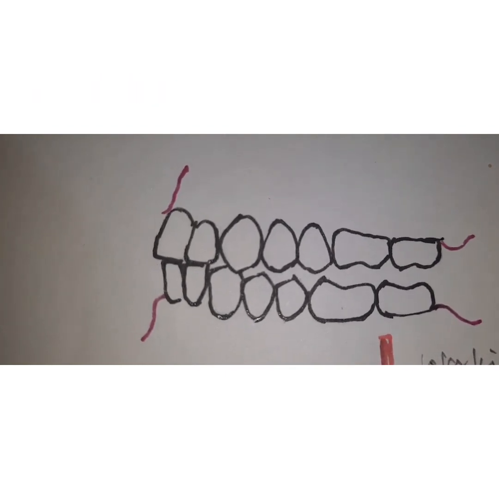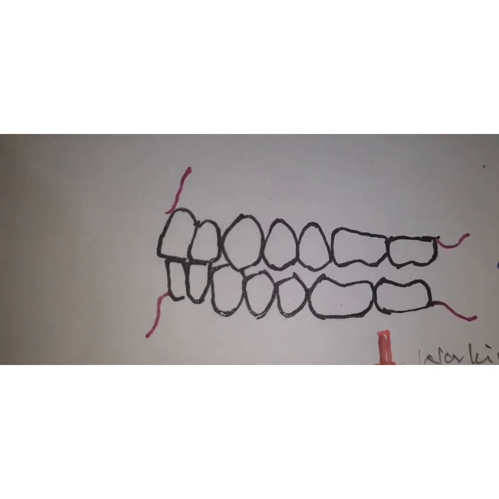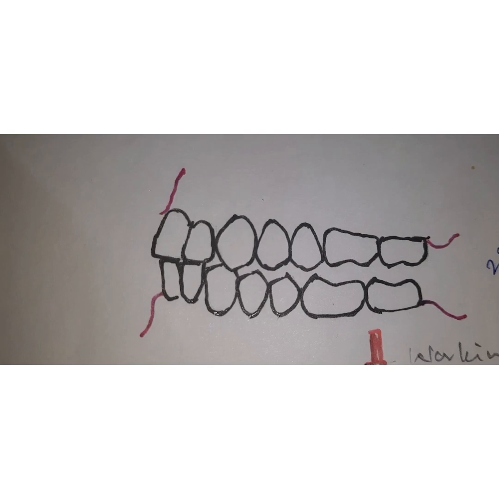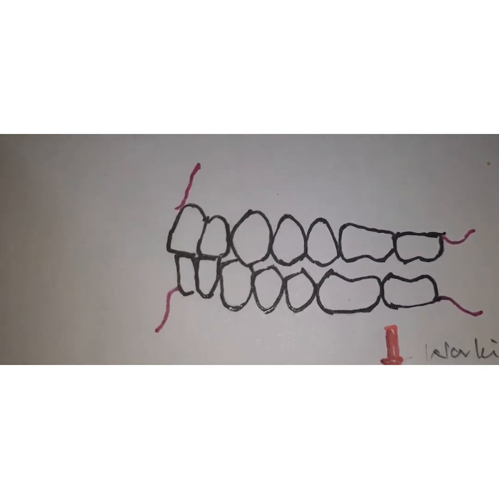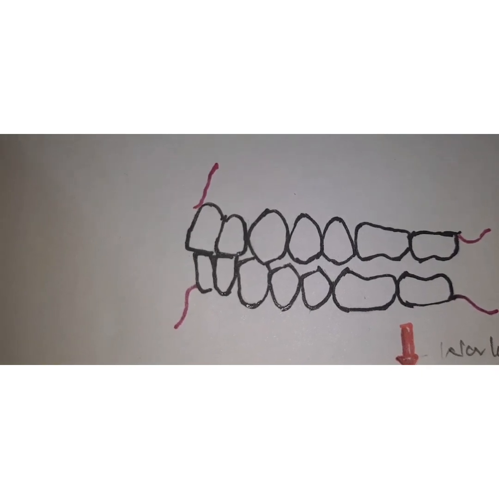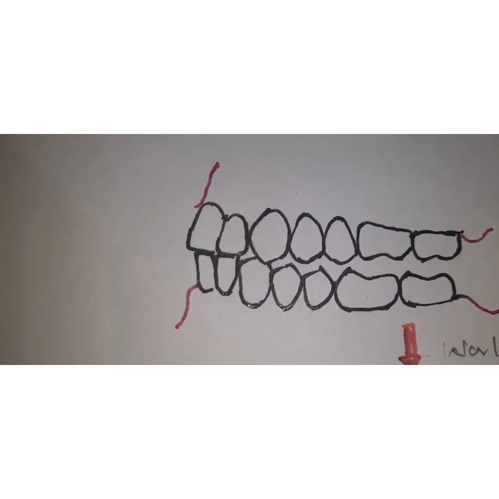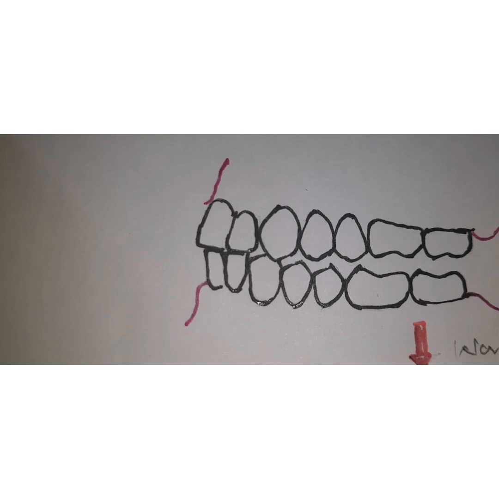So in the maximum intercuspation position, the posterior teeth occlude with forces directed along the long axis of the teeth. In this position, the anterior teeth are not in contact with each other or are only mildly in contact. Very lightly they may be in contact in the anterior region.